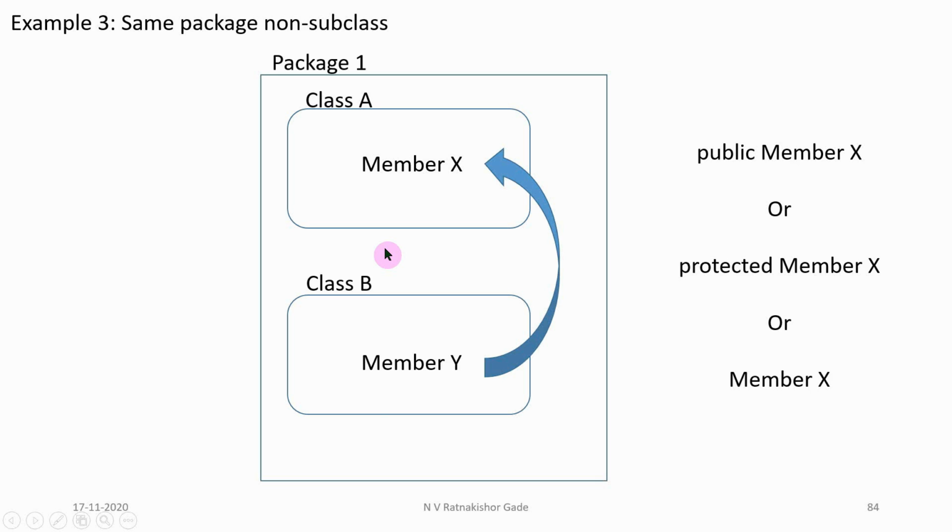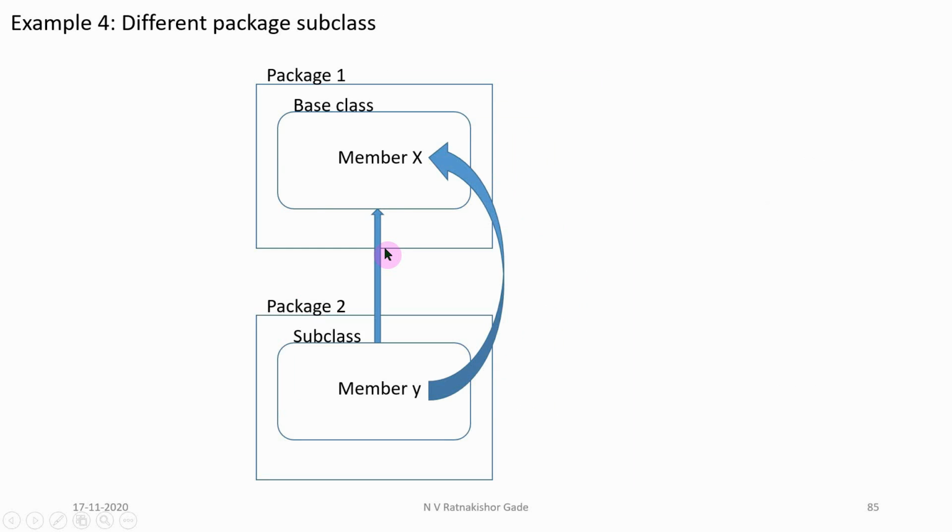Coming to example number 4, here member X is present in the base class which is available in package 1, and member Y is present in the subclass which is in package 2. And the base class and subclass have the inheritance relationship. Now member Y wants to access X, then member X can have the access modifier public, so it can be used from anywhere.